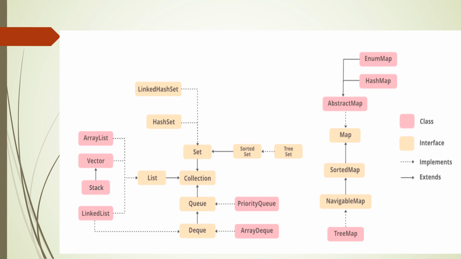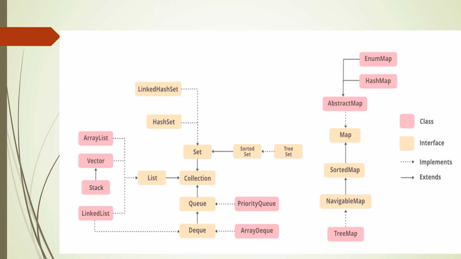The set extends collection and the queue extends collection. The sorted set also extends collection. Tree set implements the sorted set, and the priority queue implements queue, and array deque implements deque. We notice that every implementation, extension, interface or class begins and ends with the collection classes.